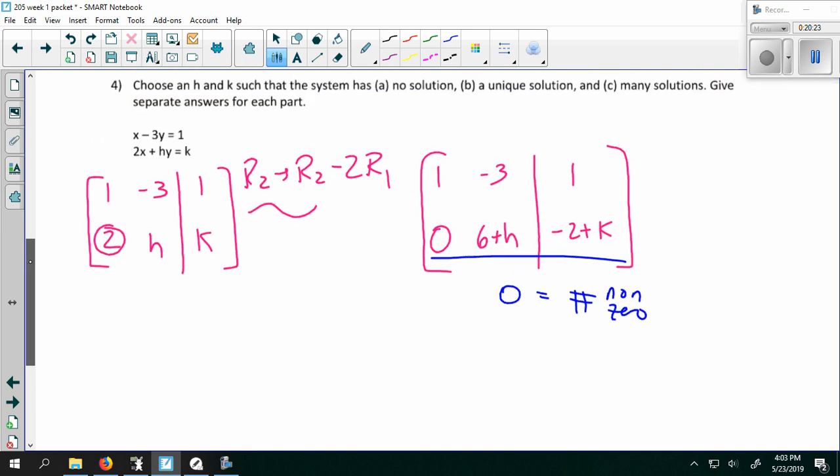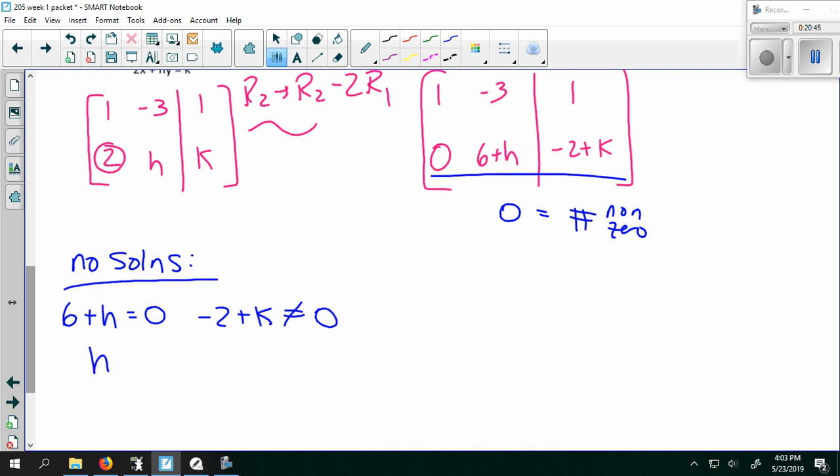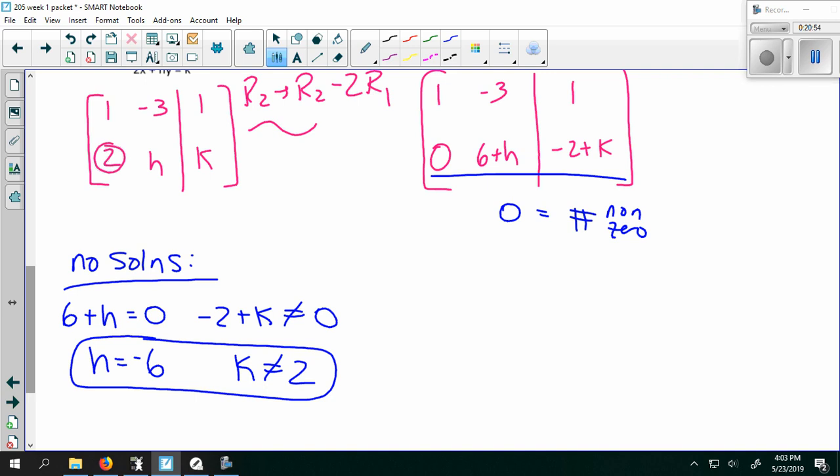So we would have no solutions if 6 plus h equaled 0 and -2 plus k is not 0. Anything other than 0 would make 0 equal a number, and we would have no solutions. So that happens when h equals -6 and k is anything other than 2. So that would give me no solutions.